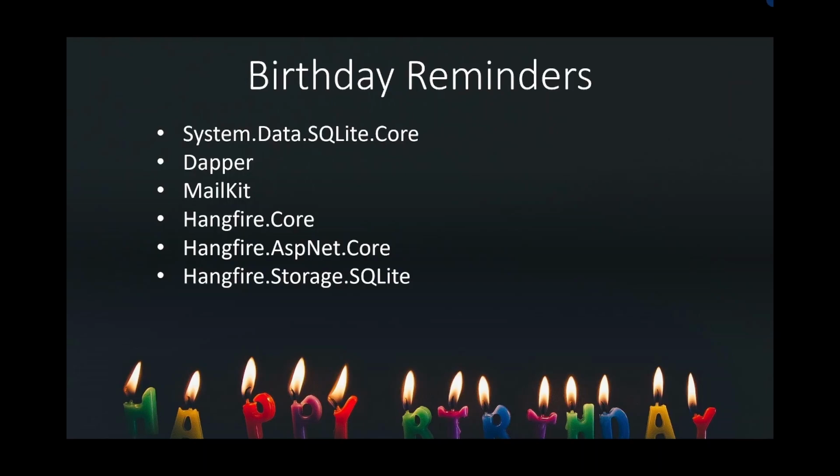That's the one that basically connects to SQLite, Dapper, MailKit, Hangfire Core, Hangfire ASP.NET Core, and lastly, Hangfire Storage.SQLite. Notice that the last one is SQLite. I'll now go ahead and add those packages to our project.